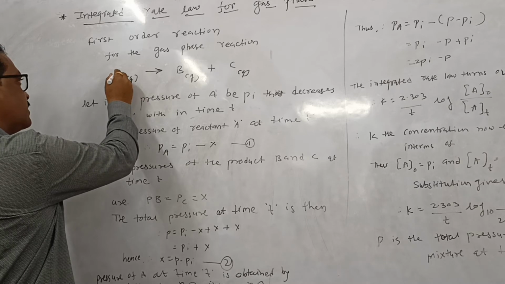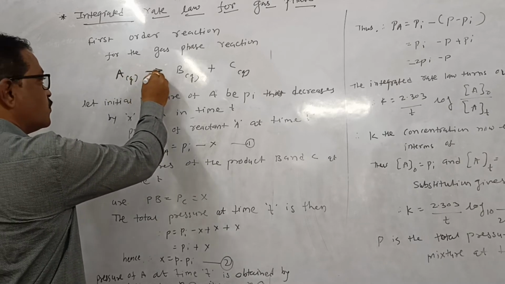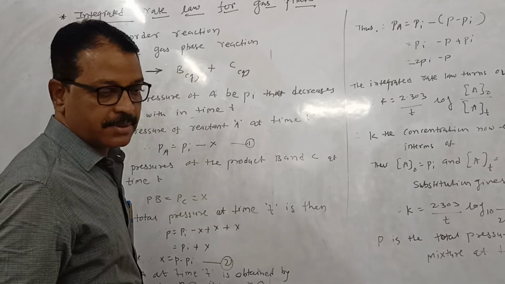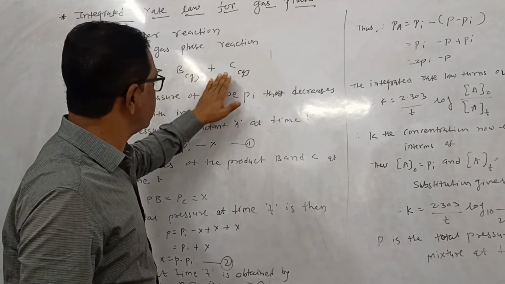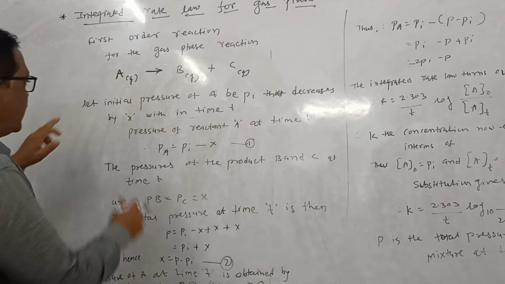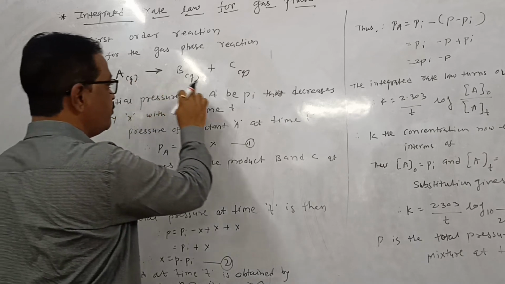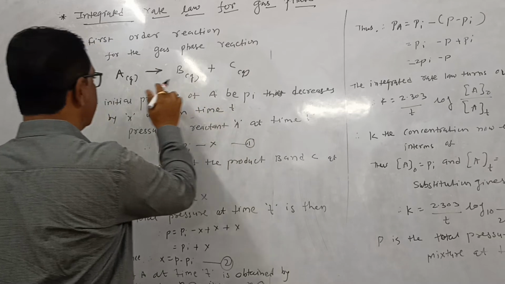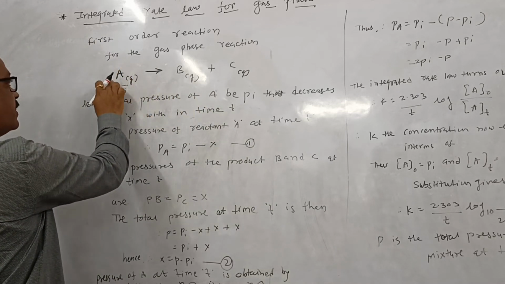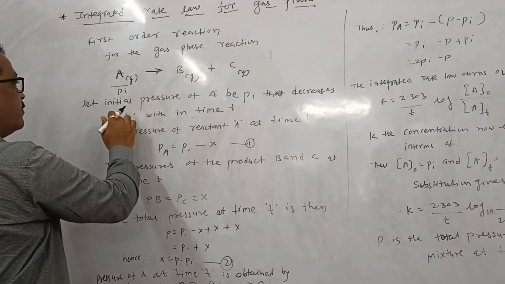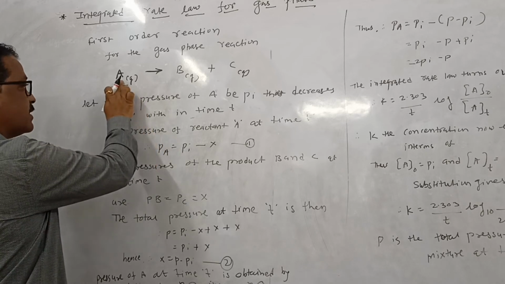For the gas phase, A to formation of new substances B plus C. Let initial pressure of A be Pi, that decreases.